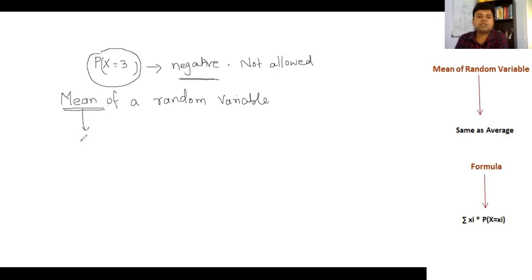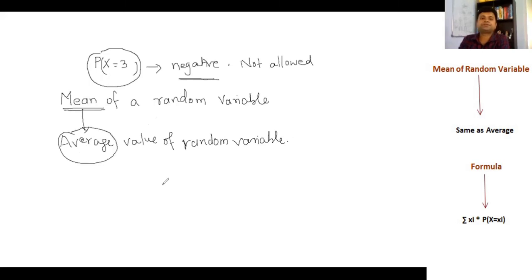Mean is the same as the average value of the random variable. Everyone knows what average is.